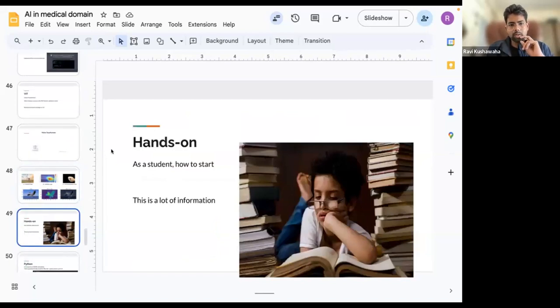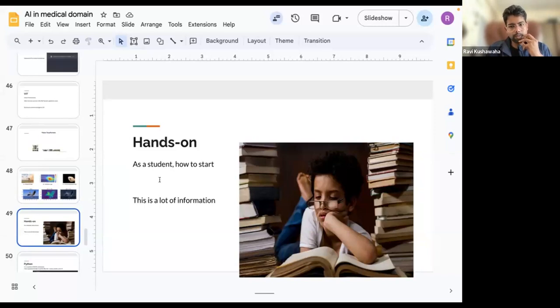Coming to the last part of the presentation: hands-on. Clearly we have seen there are so many topics and so much research that has already been done in the deep learning domain, particularly in medical imaging. So as a student, if you are a fresher, how do you start working on these projects?